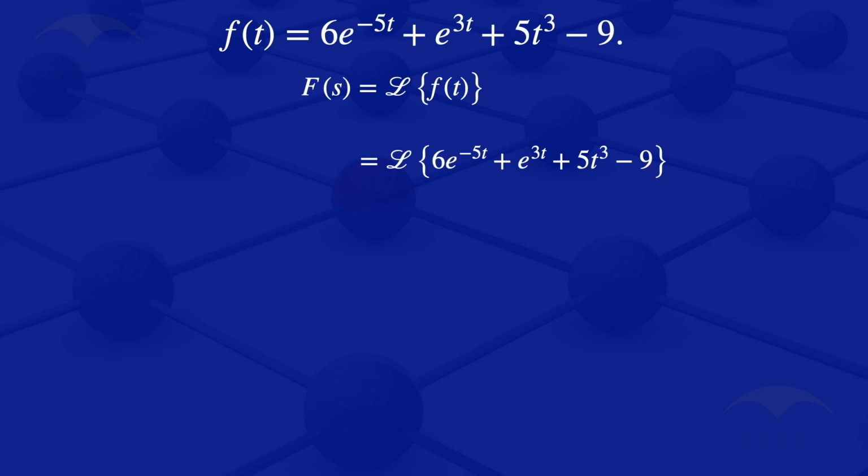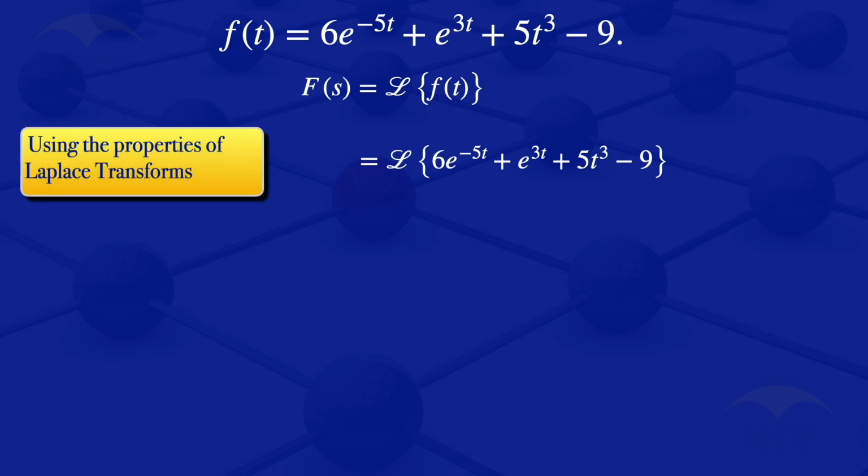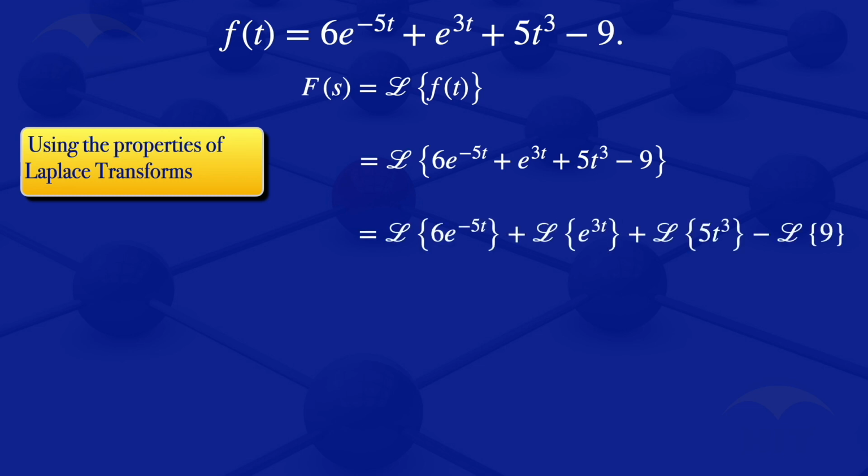At this stage, we can use properties of Laplace transforms, the linearity property, and when we apply that property, we have a Laplace transform of 6 exponent of minus 5t plus a Laplace transform of 3 exponent of 3t plus Laplace transform of 5t cubed minus Laplace transform of 9.